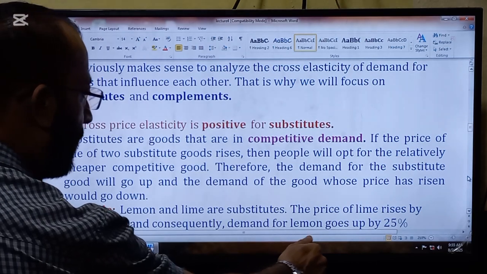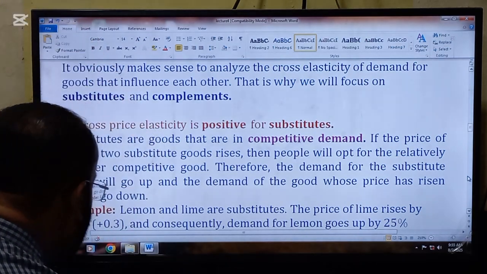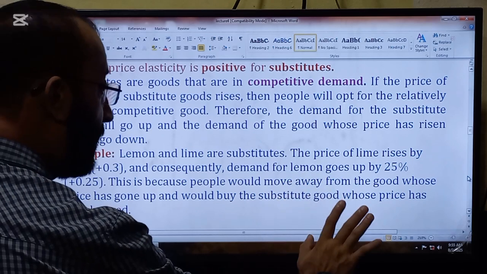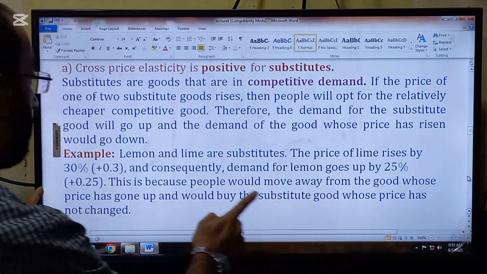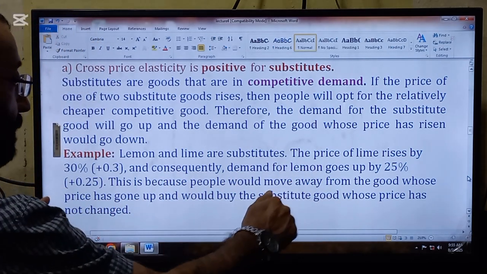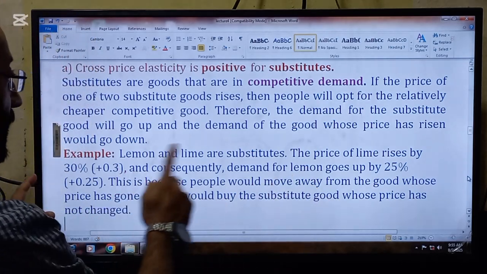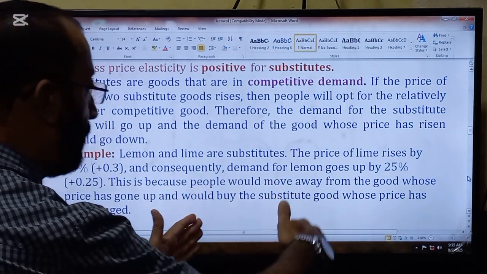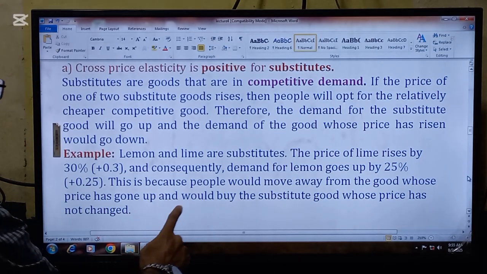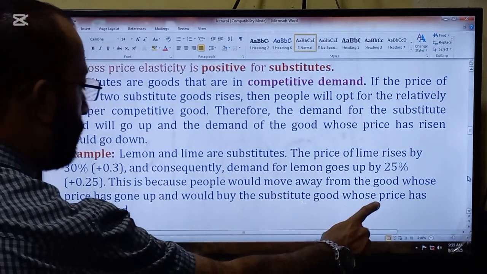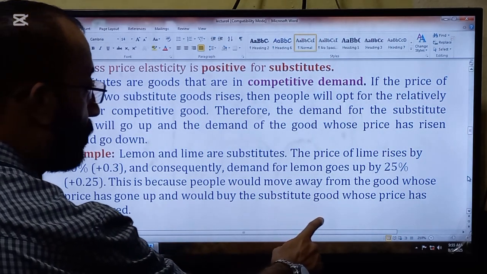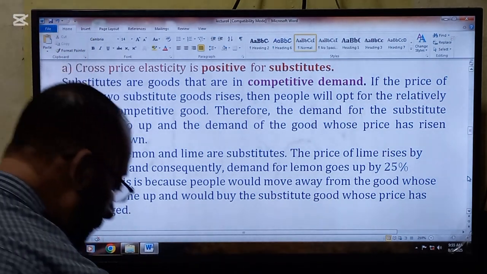So demand for lemon goes up by 25%. Although the price of the lemon remains the same, because of the rise in the price of the lime, the demand of the lime will go down and the demand of the lemon will go up. This is because people would move away from the good whose price has gone up and would buy the substitute good whose price has not changed.